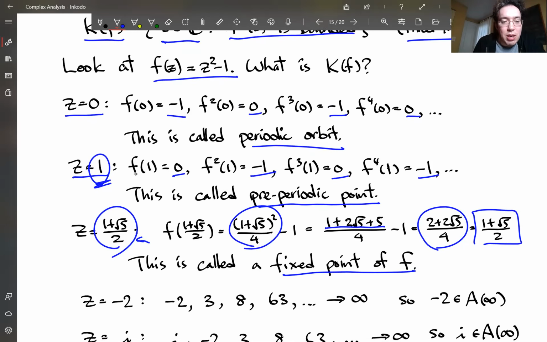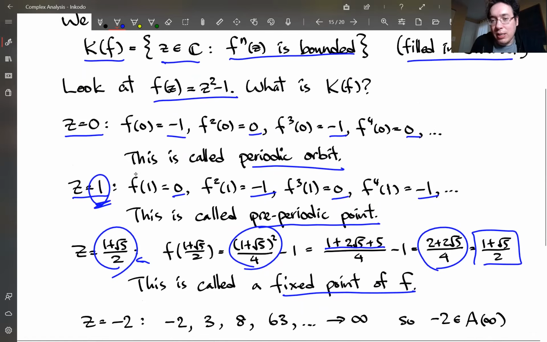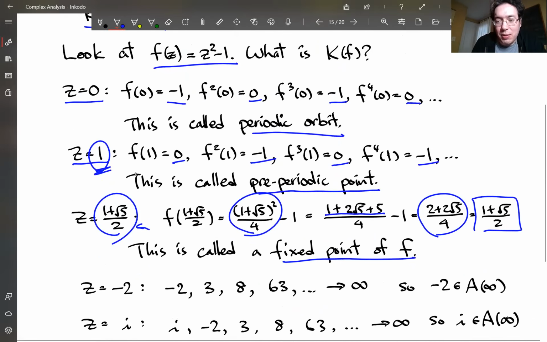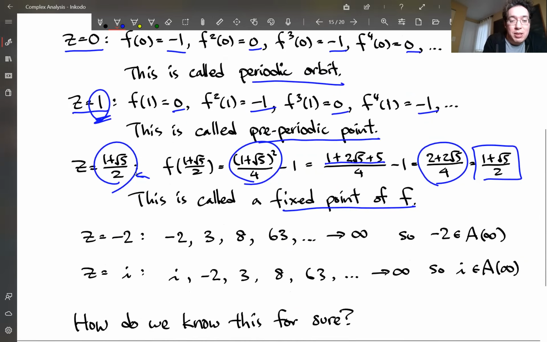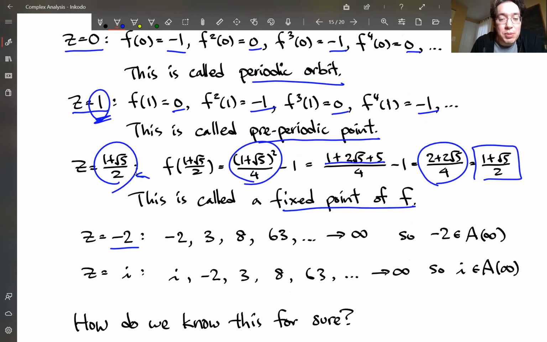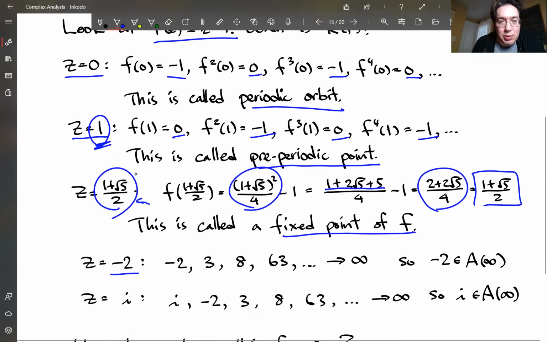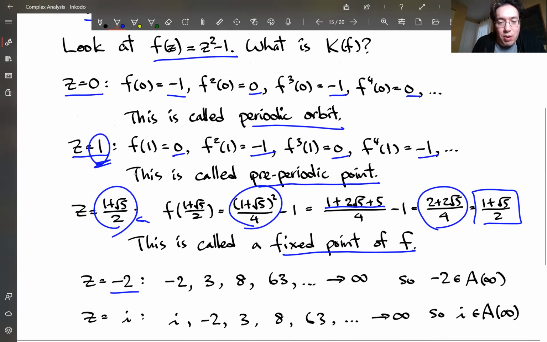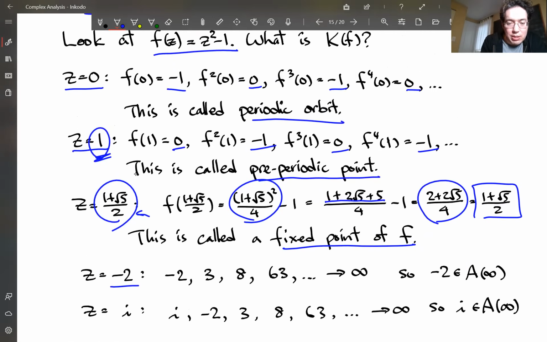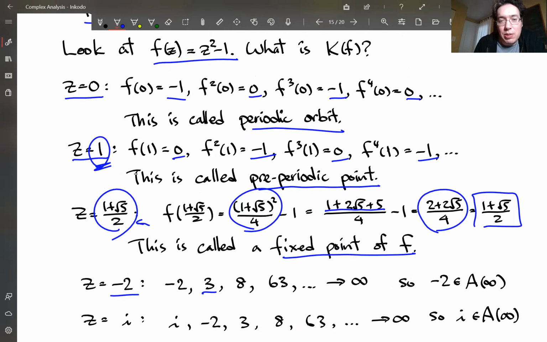Okay, and of course, there are other orbits that do not repeat. Here's one: -2. If you plug in -2, -2 squared is 4, minus 1 is equal to 3. If you plug in 3, 3 squared is 9, minus 1 is 8. And then 63 and so on.